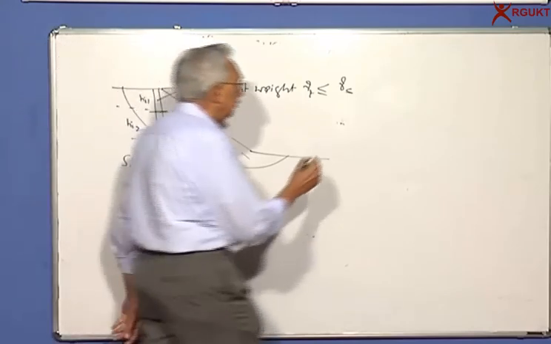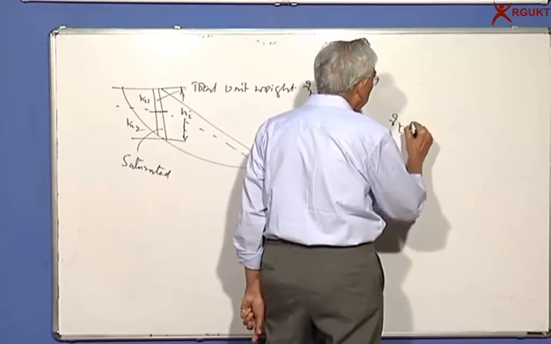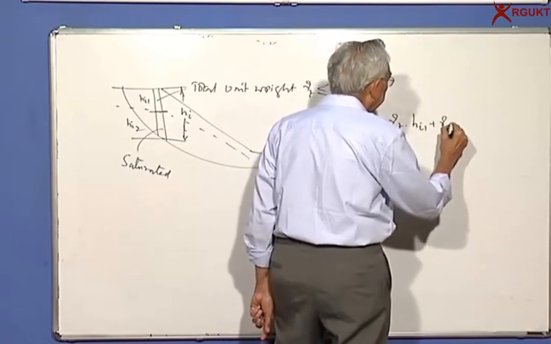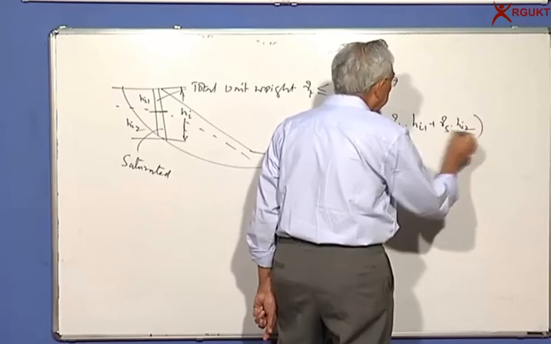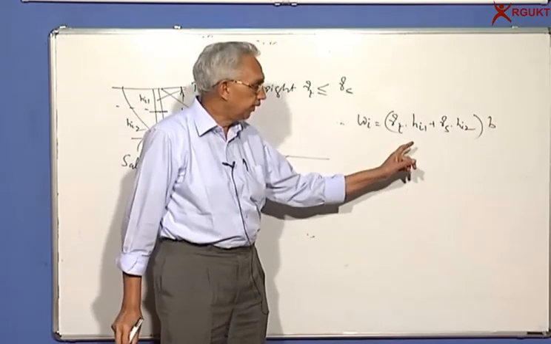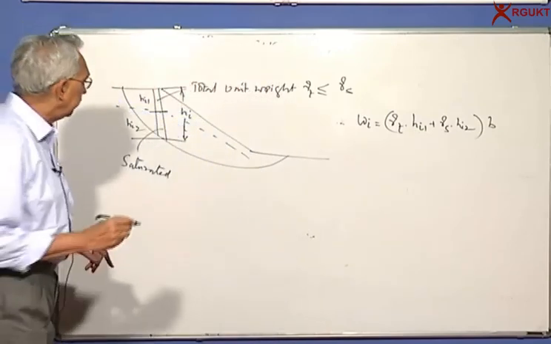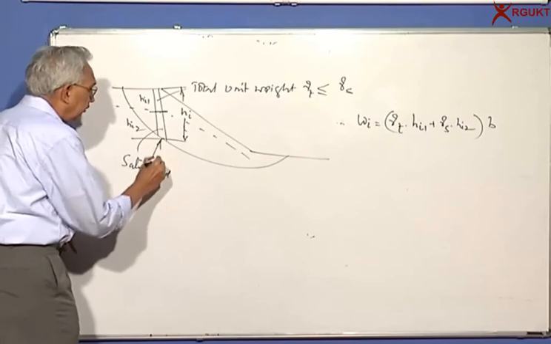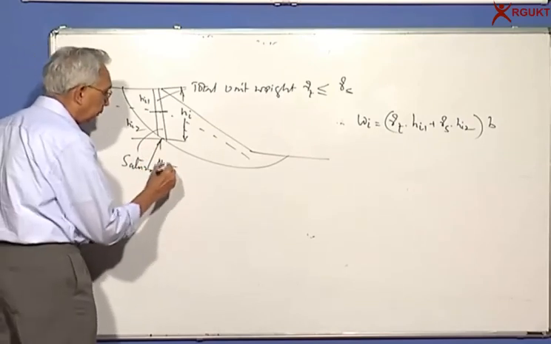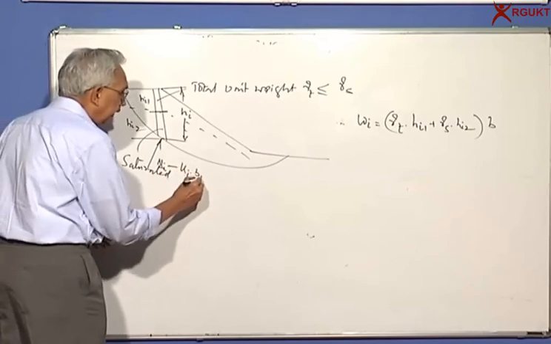So the total weight Wi is equal to gamma total Hi1 plus gamma saturated Hi2 into, of course, Bi. You are taking the total unit weight above the water table and the saturated one below. Then when you look at the normal forces, Ni, you have to correct for the pore pressure, which is equal to Ui into Bi.